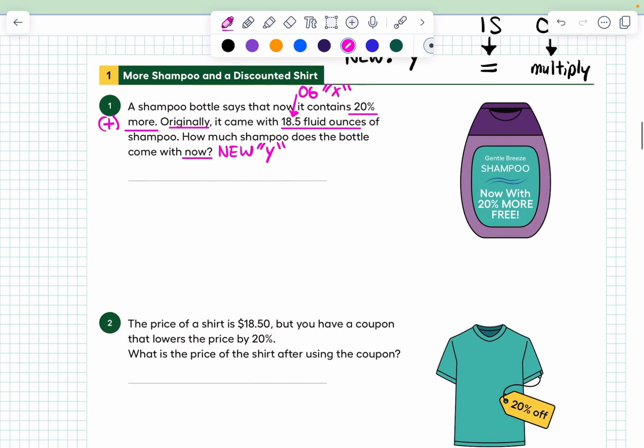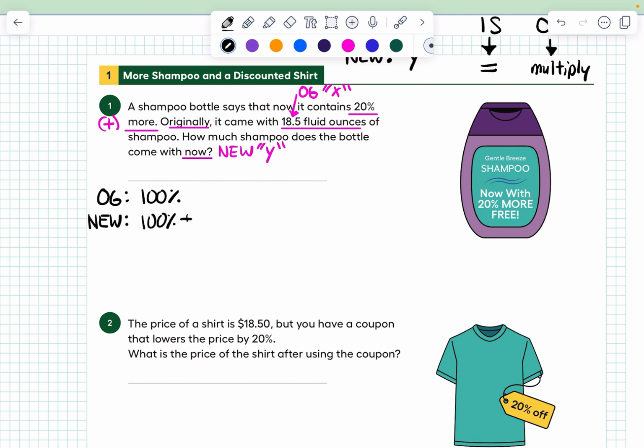So let's talk about the percentages, okay? When we talk about the OG, we're always referring to the OG as 100%. And then when we're referring to the new, don't forget it said 20% more. 20% more than what? Than 100%.